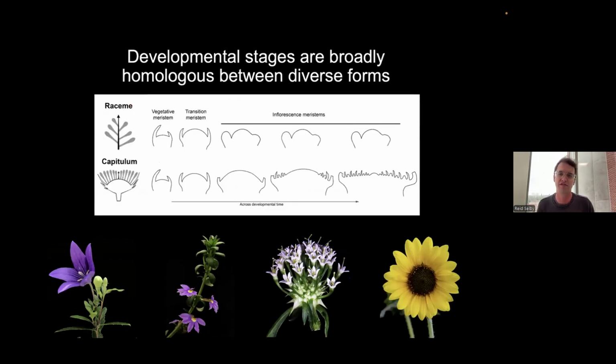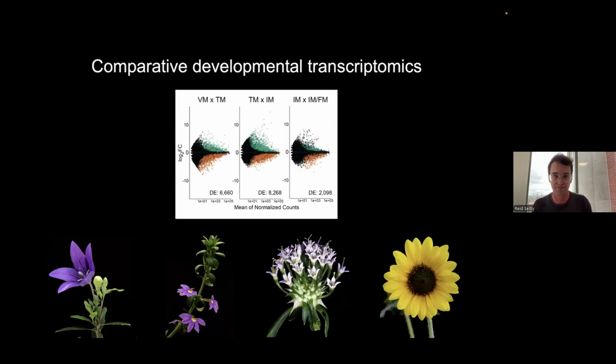And while each of these inflorescence types might look drastically different from one another in their final product, they all undergo similar developmental transitions and pass through similar developmental states that are roughly homologous to one another. We can leverage these roughly homologous states of meristem transitions to do some interesting comparative transcriptomics to understand how gene regulatory networks governing development in each of these species might differ or might be similar.